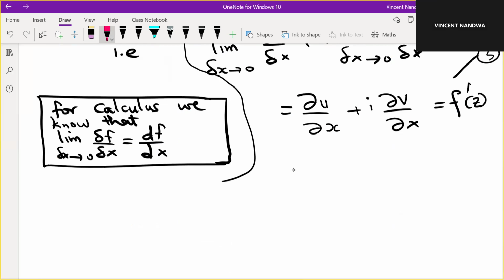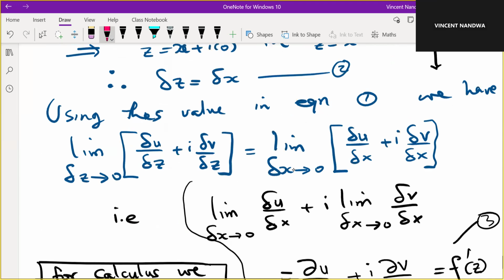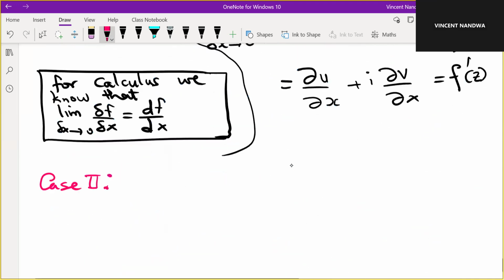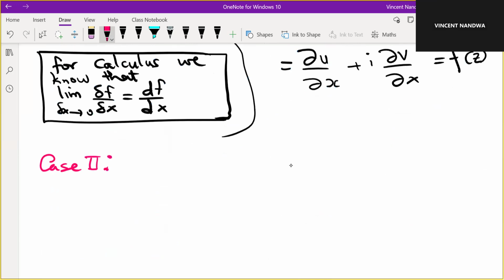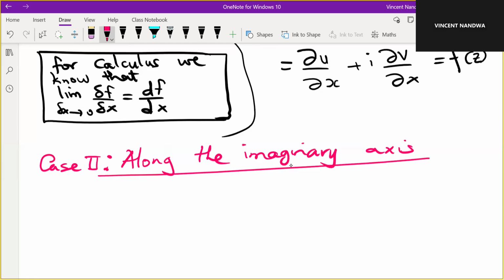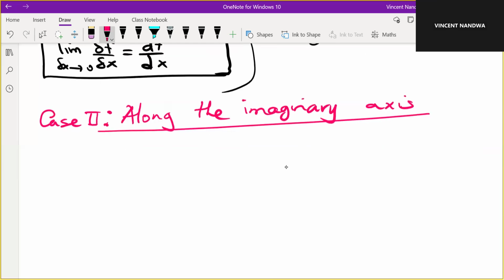And then case 2, let's see what happens along the imaginary axis. So I can sketch: this is the real axis, this is the usual imaginary axis, and this is 0.